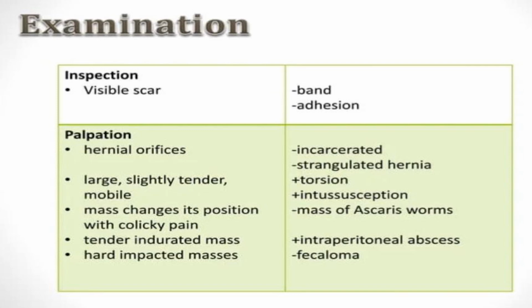And if the mass changes its position with the colicky pain, it could be a mass of ascaris worms, worm infestation. And then a tender indurated mass showing an intraperitoneal abscess, while impacted hard masses can be a fecaloma.